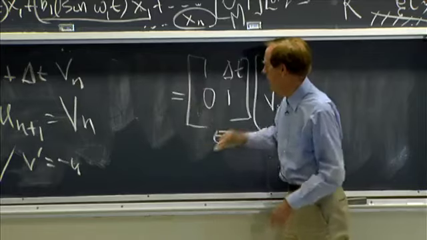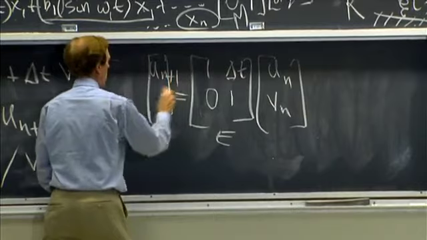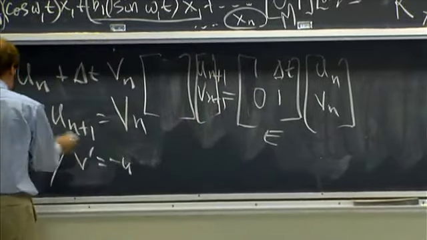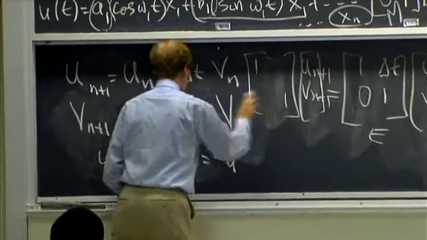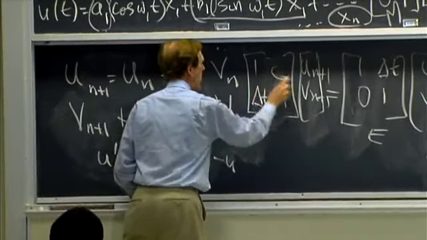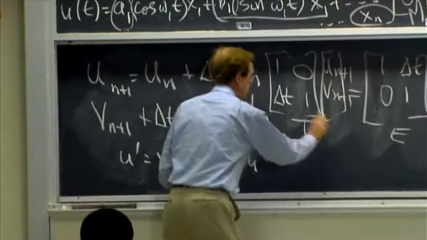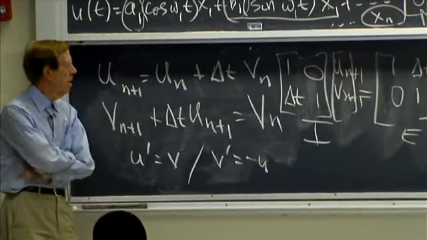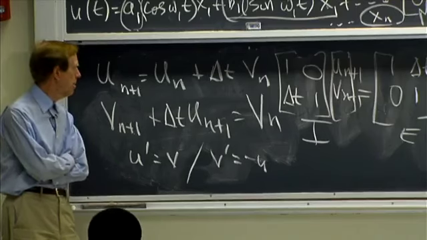And now my left side of the equation, the n plus 1 stuff, what's my implicit matrix on the left side of the equation? Well, a 1 and a 1 and plus delta t is here, right? Let's call that I for implicit. Okay, are we close? I think that looks pretty good.